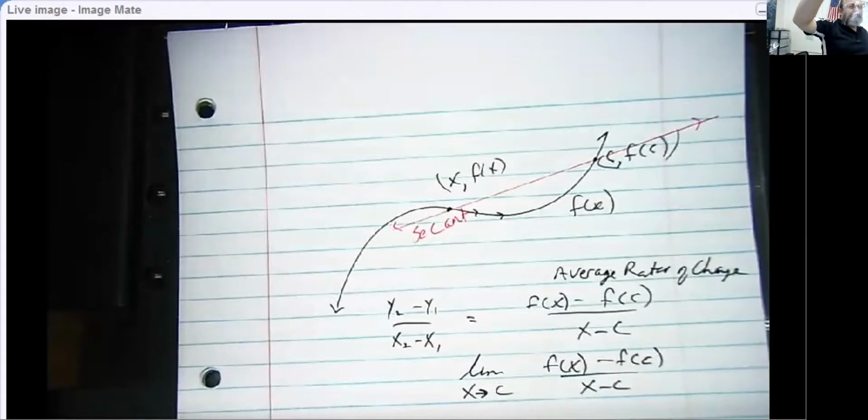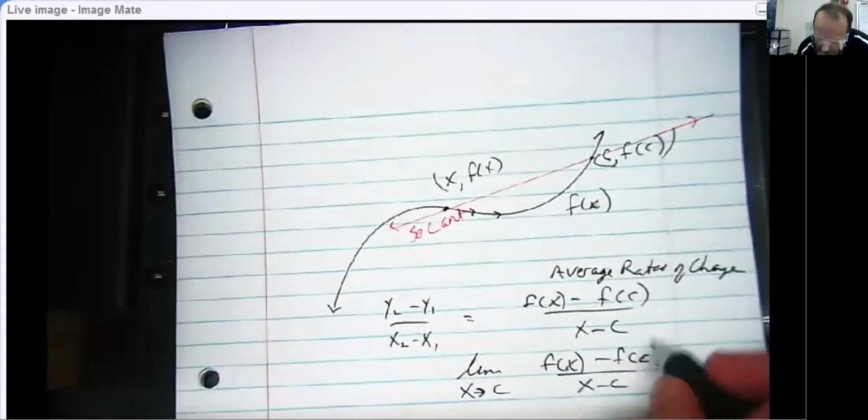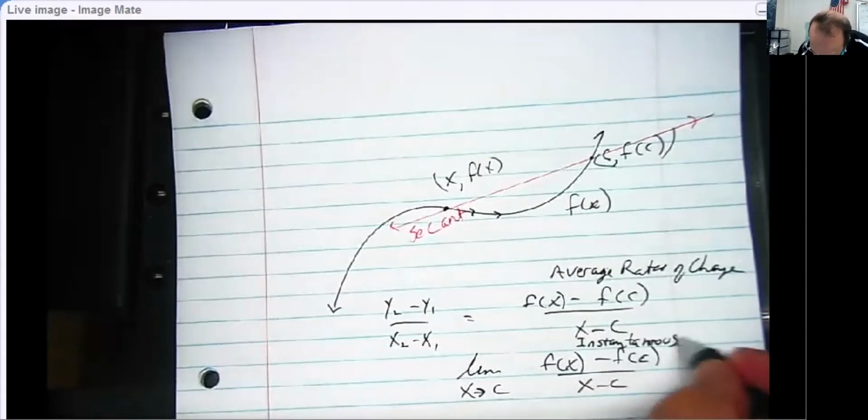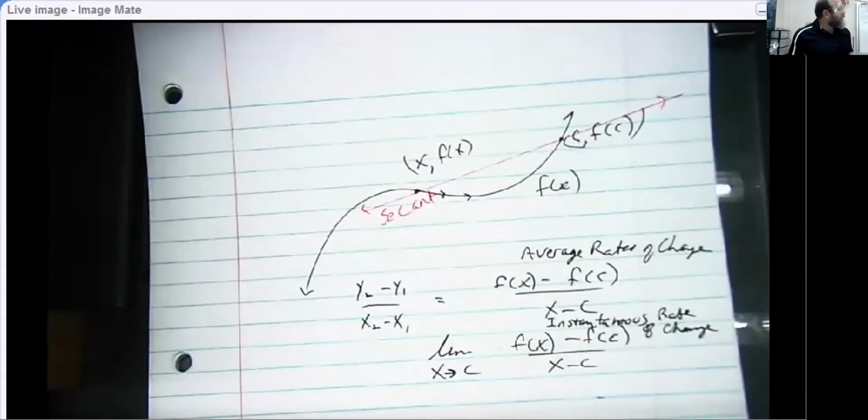I made them super close together, and instead of asking how fast were we going between 3 hours ago and 8 hours ago, it would be, how fast are we going right now? And this is called the instantaneous rate of change. So the limit is what sets it apart from the other.